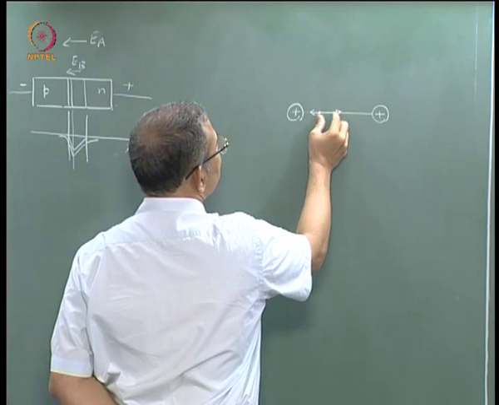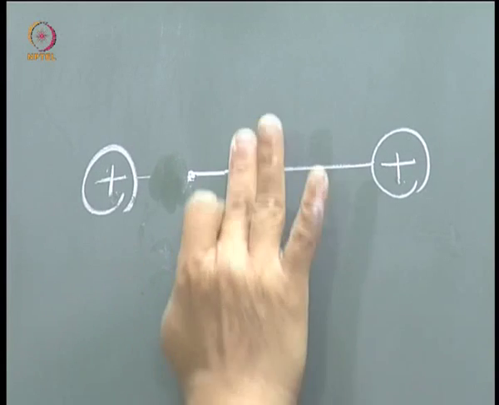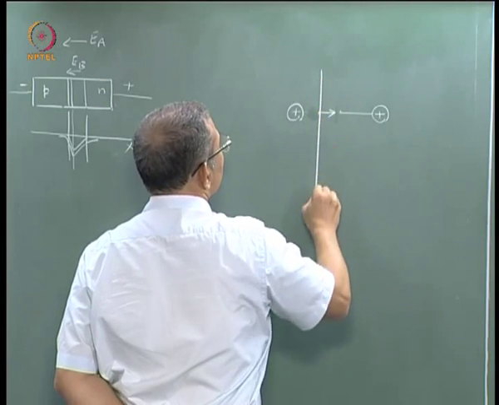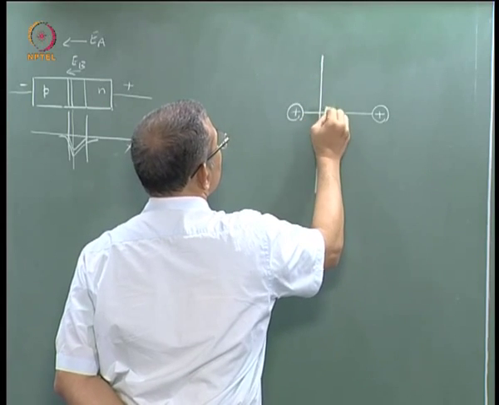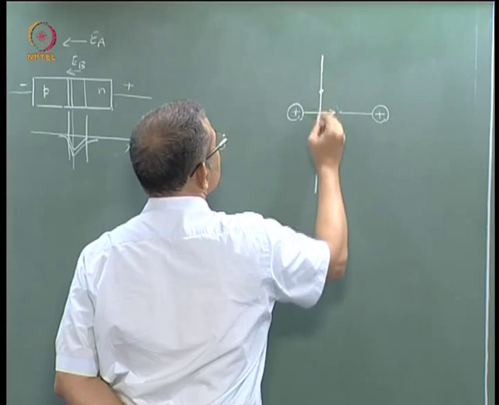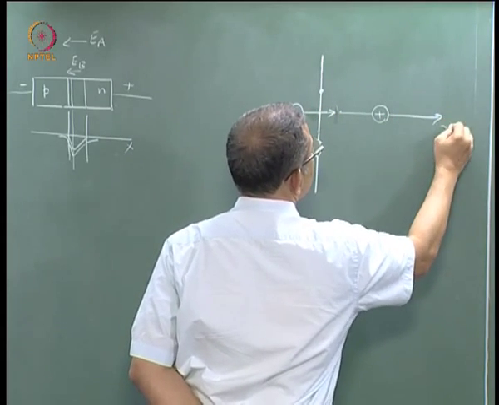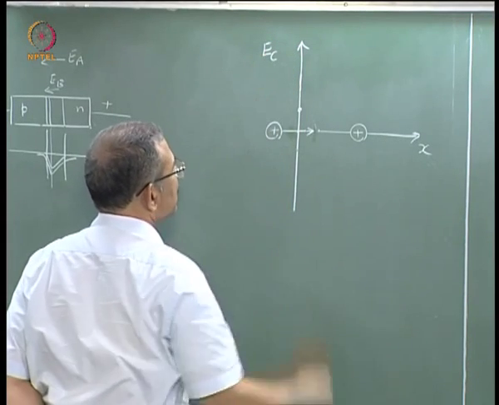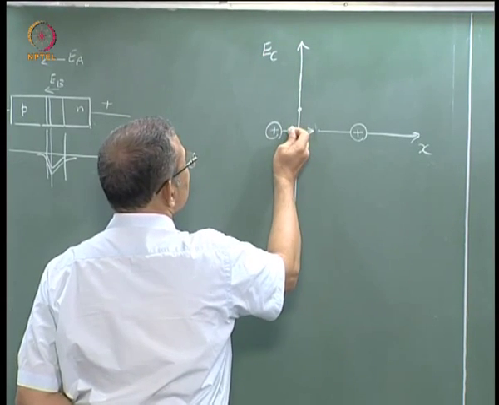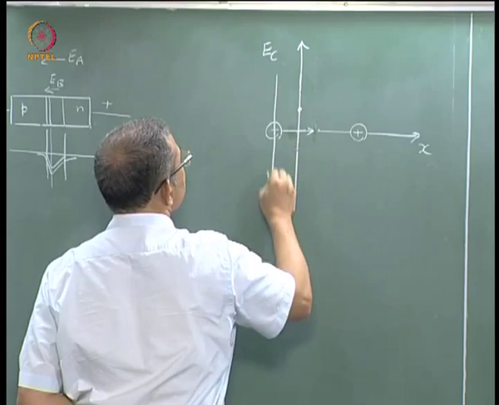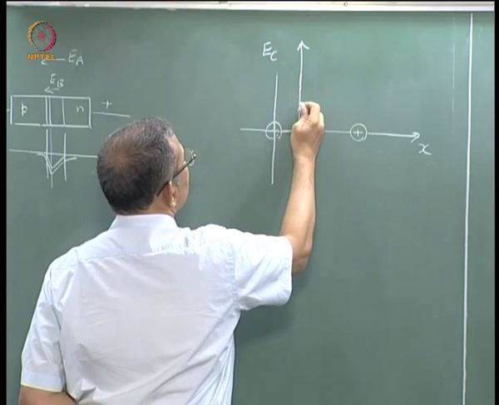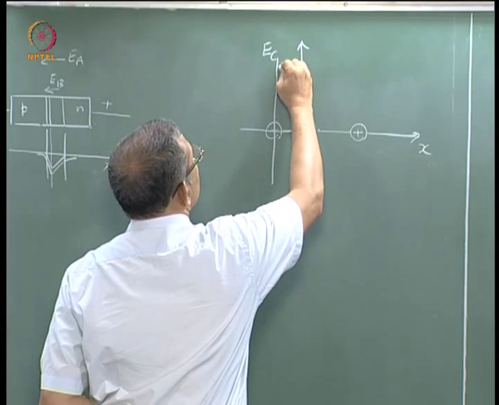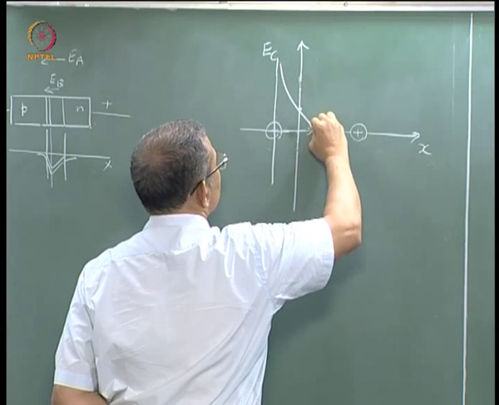The net force therefore is in this positive direction. So at this point, if I plot the electric field, it will be some positive value. This is x and I am plotting EC, the crystal electric field. If I move closer to this point, then the field will be more.